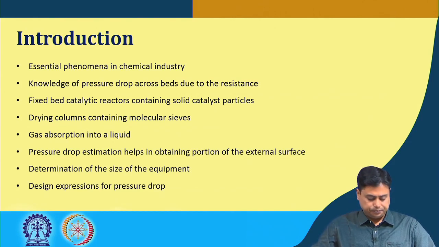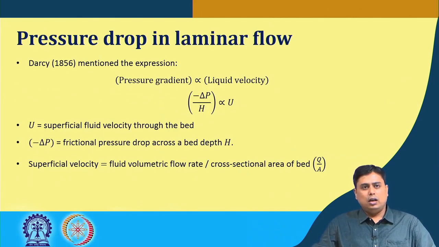So the point here is that in 1856 Darcy initially proposed an expression when he did the experiment of a fluid flowing through a bed of sand, water flowing through a bed of sand.